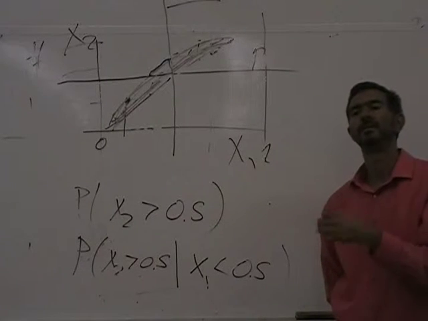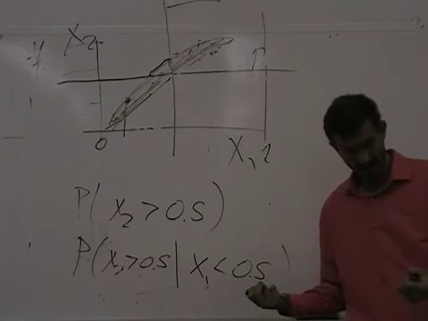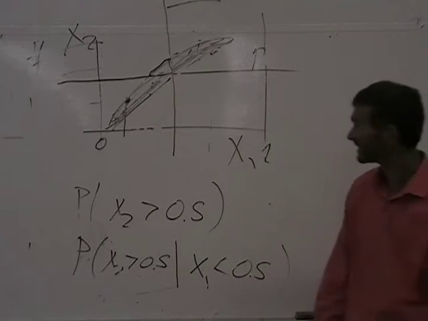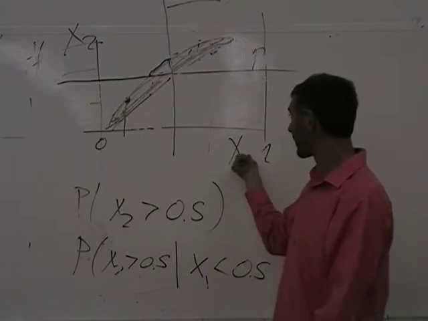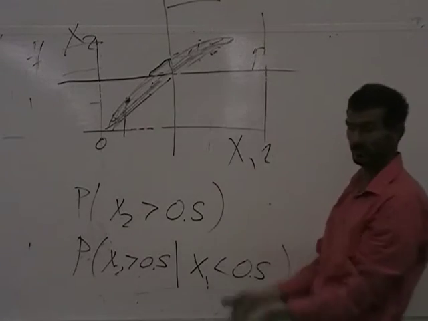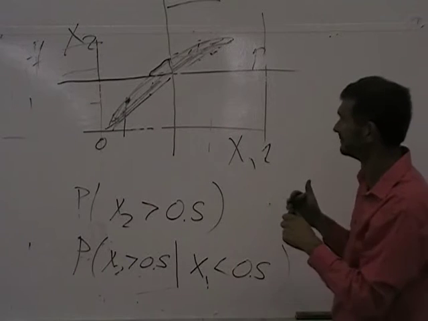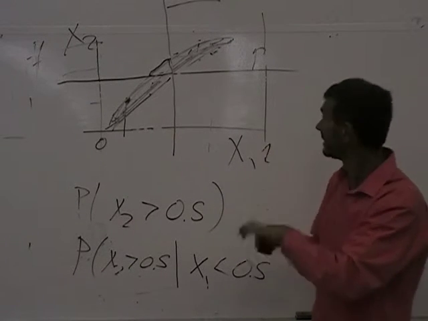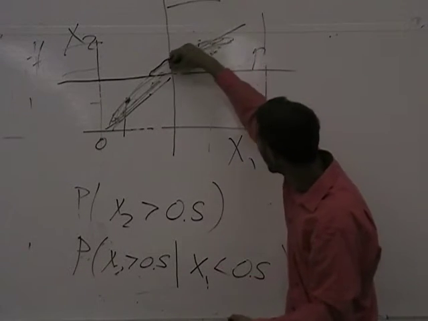It has a very distinct character, and that character is that it's linear. When x1 is high, x2 is high. They follow in a monotonic way, and not only that, but the way I drew it, with a nice straight line.